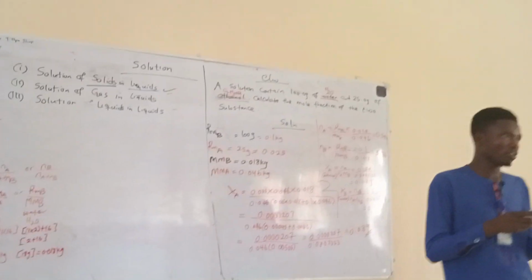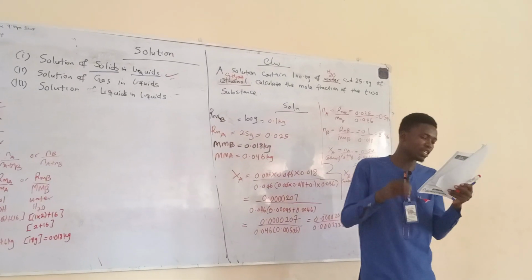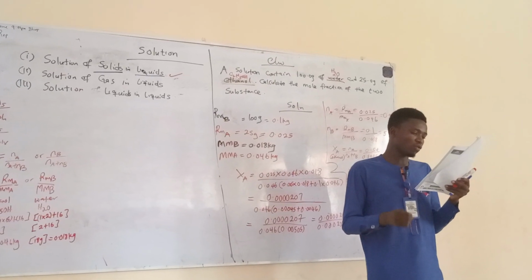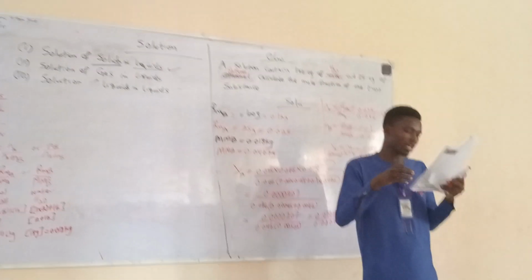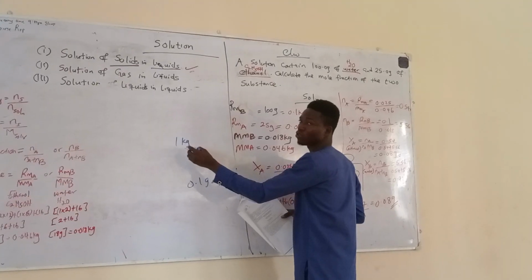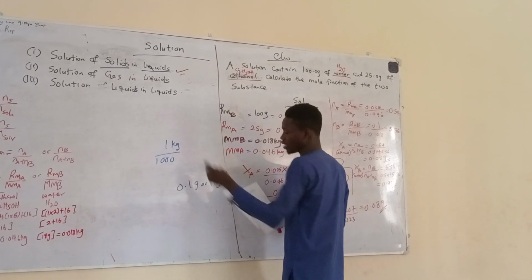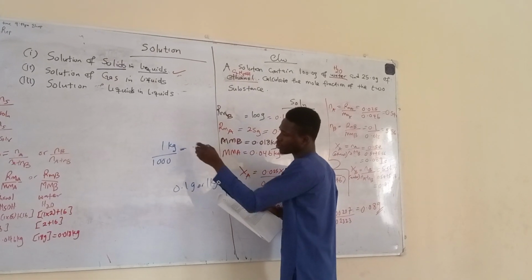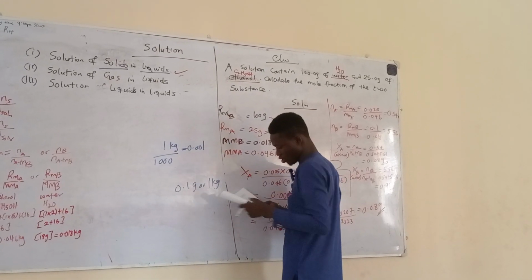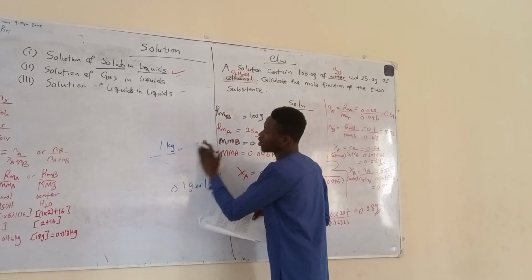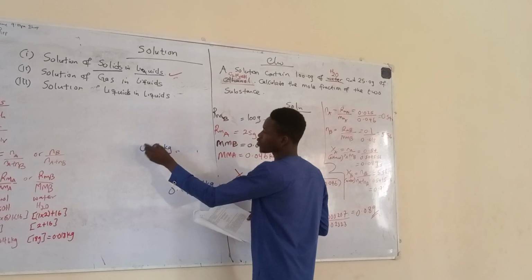The mass of solute that can be dissolved in 0.1 kilogram of a solvent to form a saturated solution. I think there's a mistake there. What do you do? Divided by 1000, it's going to be 0.001. So I don't know why they said 0.1. Okay, let's just say 0.1 kilogram to gram is what?